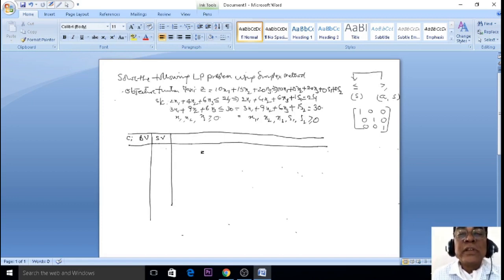In the two equations, I have three variables: x1, x2, x3. Next, slack variables, only two: s1, s2, and the last column, minimum ratio.